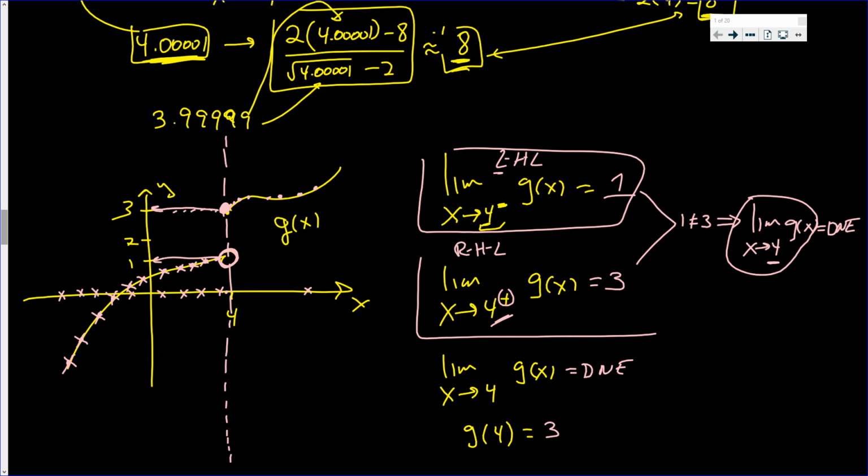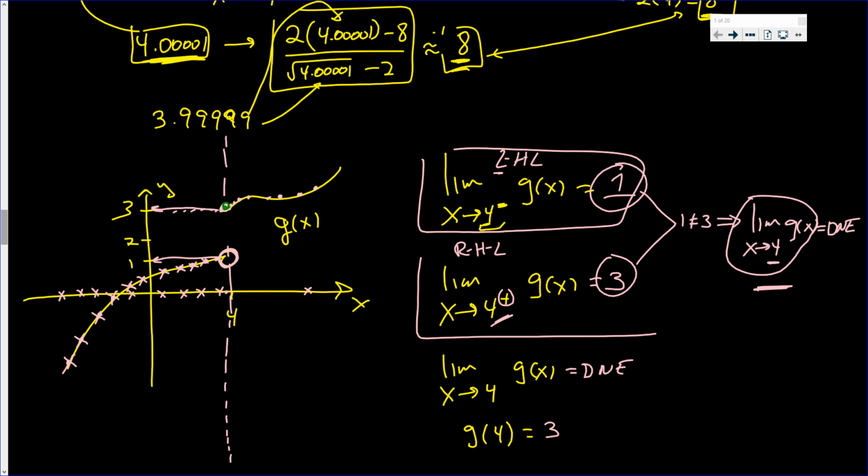Okay? Now, we computed limits already, and we never talked about left and right hand limits. Well, the only real time you're gonna get different answers is if they're like two different functions. They jump.